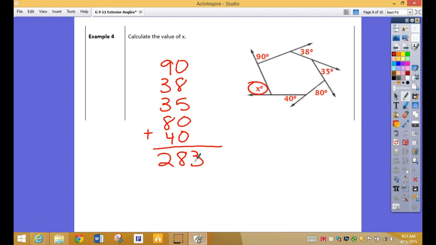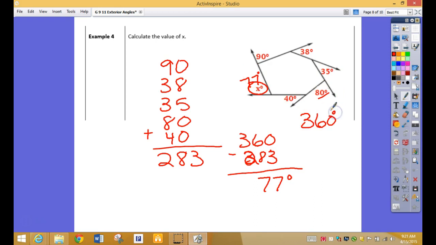And then you would take 360 degrees, our outside circle, subtract this 283, and you would end up with 77 degrees. So, especially on your tests and quizzes, you should always check your work. Add up all your exteriors to make sure they add up to 360 degrees before you go on.